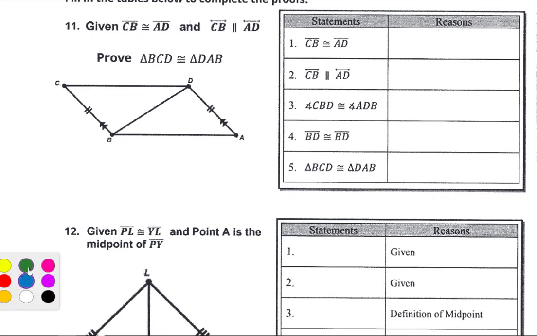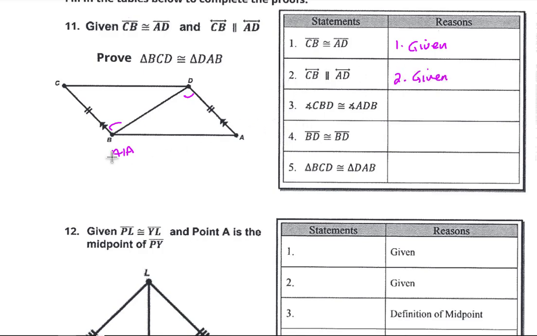For number 11, we need to prove that triangle BCD is congruent to triangle DAB. So we notice that BD is shared between the two triangles, so that's going to be congruent by reflexive. They're also telling us that CB is congruent to AD. That gives us a pair of sides. It tells us that CB is also parallel to AD.